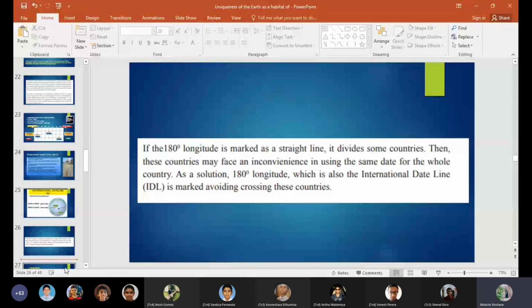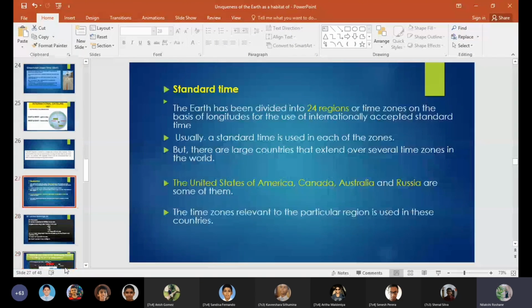Standard time: the earth has been divided into 24 regions or time zones on the basis of longitudes for the use of internationally accepted standard time. Usually a standard time is used in each of the zones. But there are large countries that extend over several time zones in the world. The United States of America, Canada, Australia, and Russia are some of them.